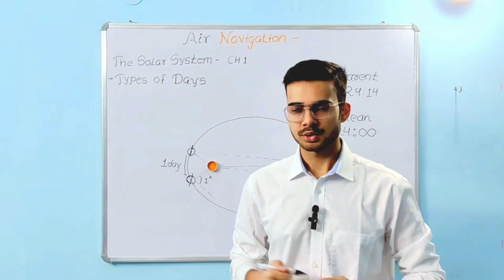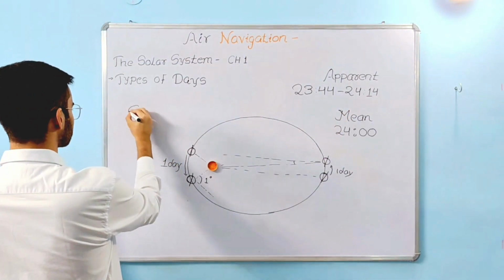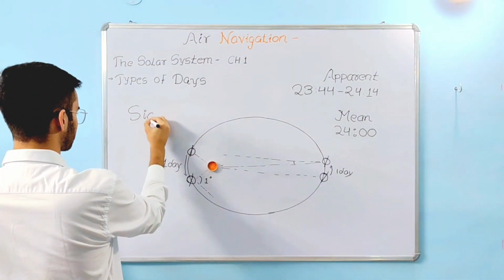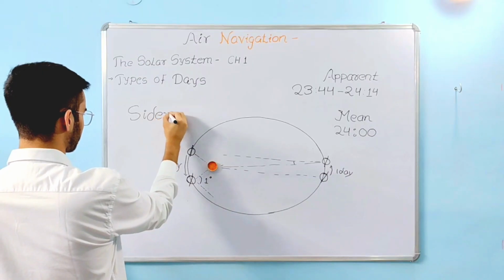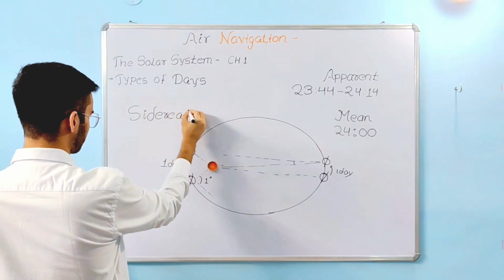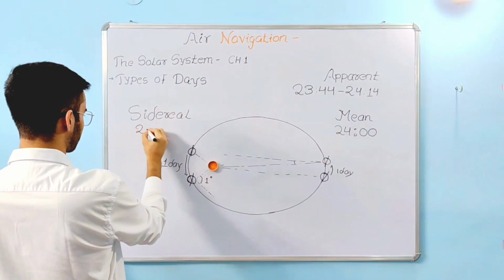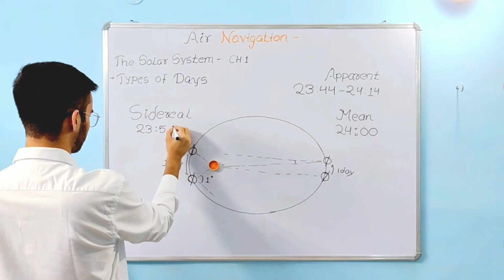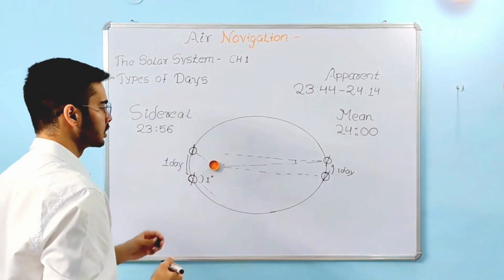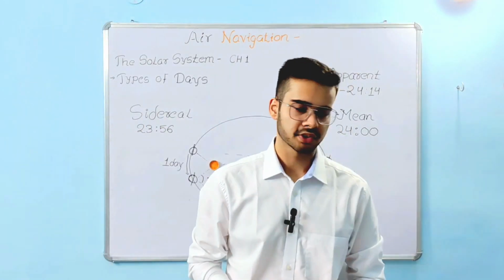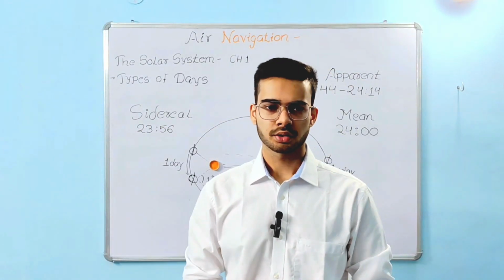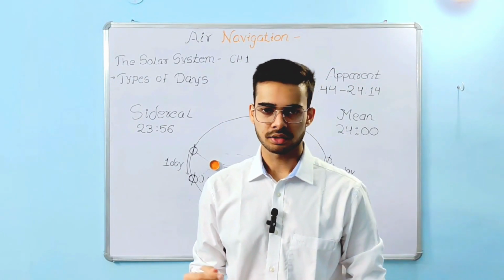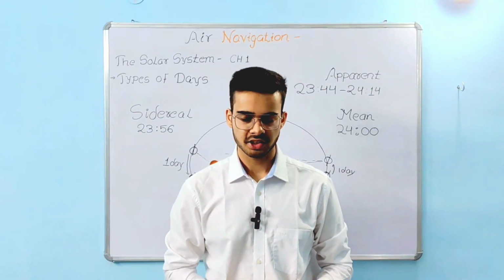So let's write it down too. So 23 hours 56 minutes. You could note it down, draw the diagram, and then we could proceed to the definitions part.